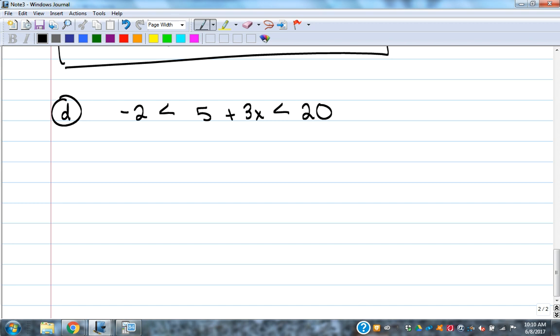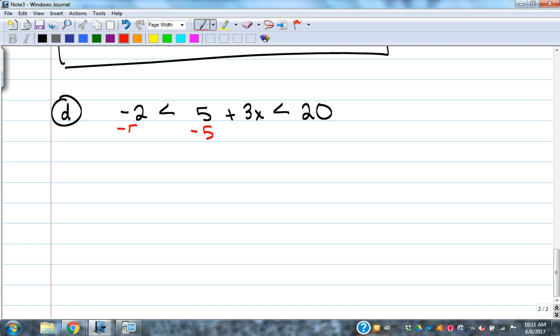Okay. So if I'm trying to get this x by itself in the middle of the problem, I need to move everything that's not an x out of the middle of the problem. So what do I need to get rid of that's in the middle there? All right, how do I get rid of it? Okay, so if I subtract 5 from the middle, I've got to subtract it everywhere else too.